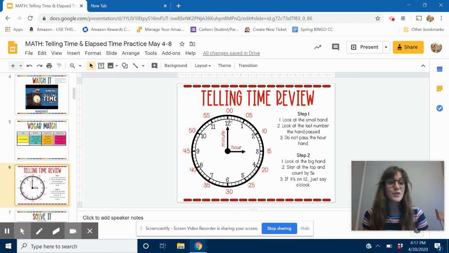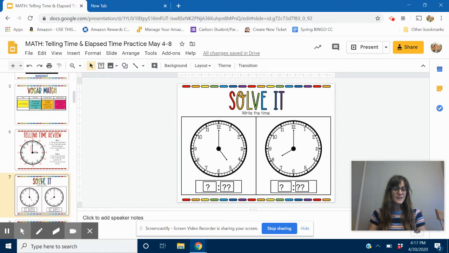Okay, if you're still a little bit confused, don't worry. We're going to go through the rest of the slides and we're going to keep talking about how to tell time. All right, slide number 7, we are going to tell the time on these 2 clocks. I'm going to look at my hour hand first, which is my short hand. And the hour hand is pointing, looks like right at the 5.